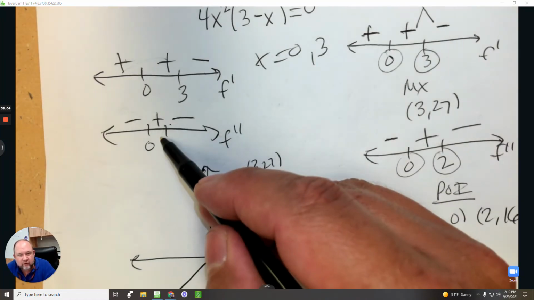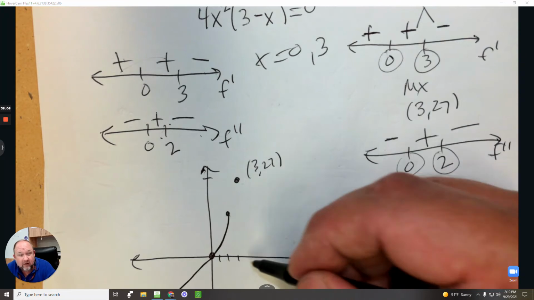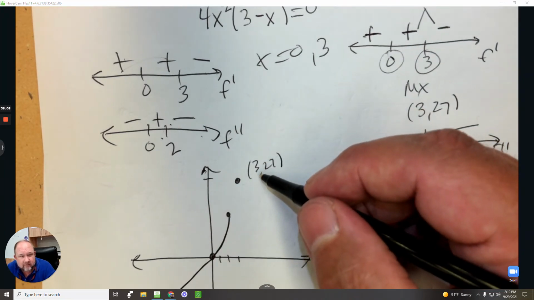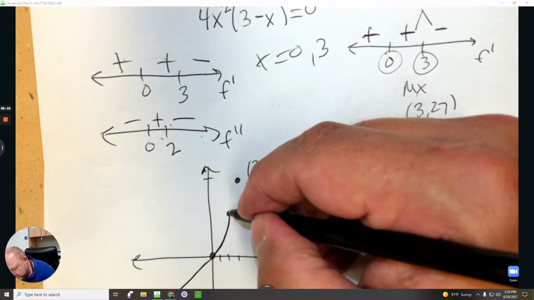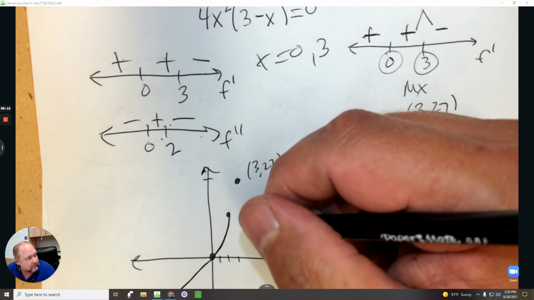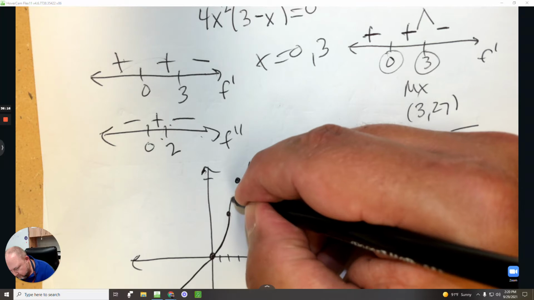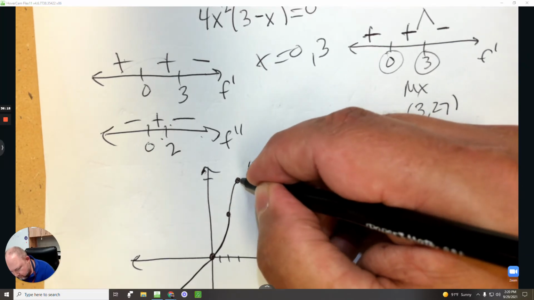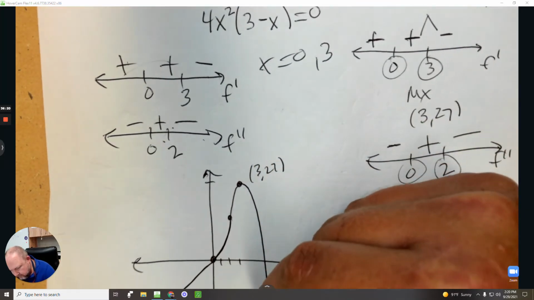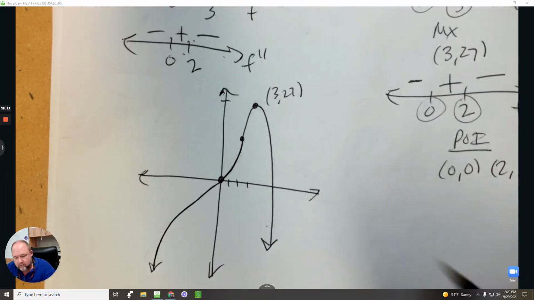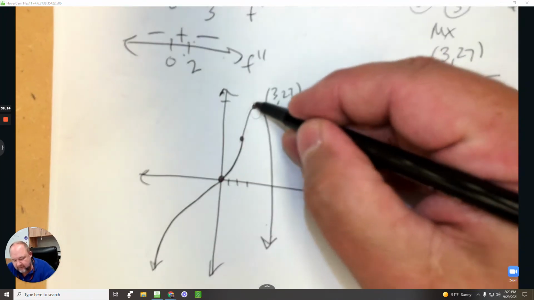Between 2 and on, it's concave down. So it's concave down with the maximum here.